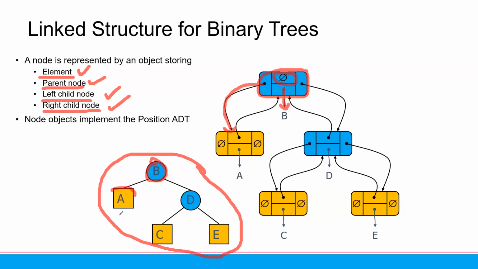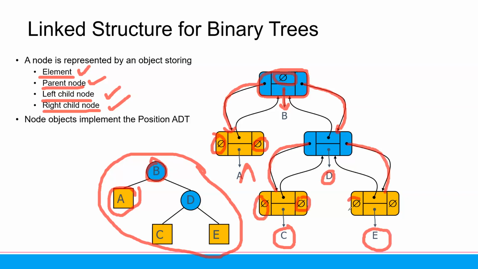The left is A, and A has no left and no right child. B has the right child, which is D, and then D has the left child, which is C. D has the right child, which is E. And C and E have no children.